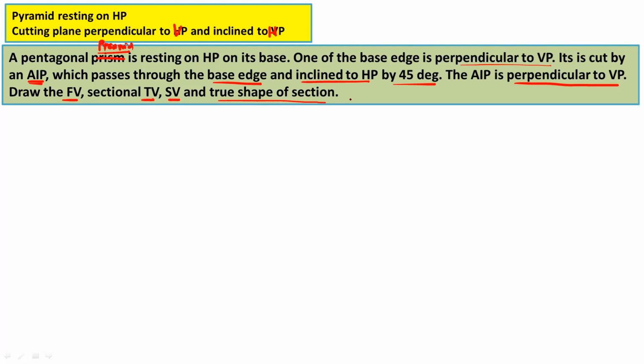So take the base side 30 mm and the height equal to 65 mm. That is the axis height.